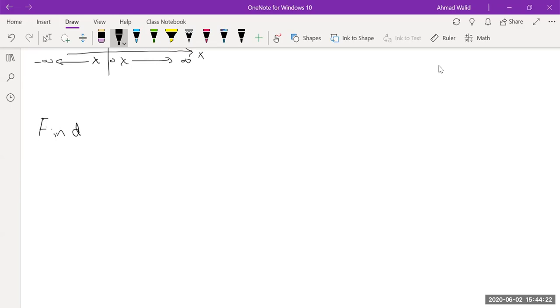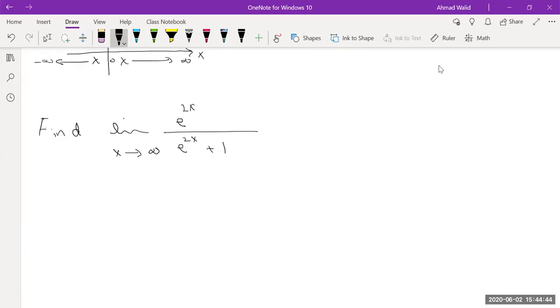Find the limit of e to the power of 2x over e to the power of 2x plus 1 as x approaching infinity.